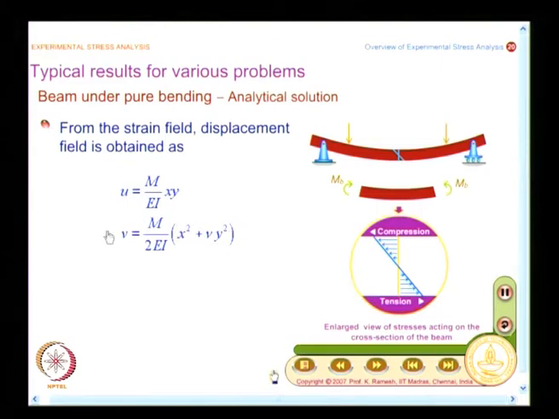And in your deflection calculation, you may not have calculated the u displacement at all, you would have determined only the v displacement.